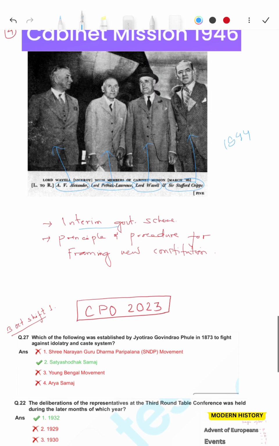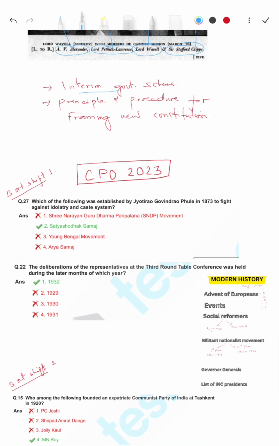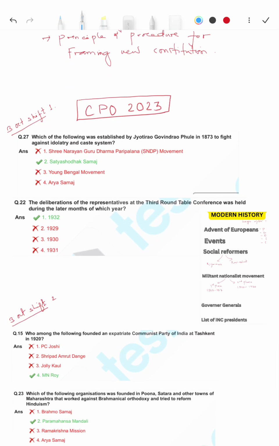So if we see CPO 2023, 3rd October Shift 1: which of the following was established by Jyotirao Govindrao Phule in 1873 to fight against idolatry and caste systems? This question was framed from the topic of social reformers.